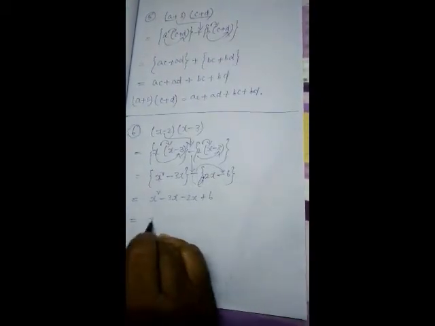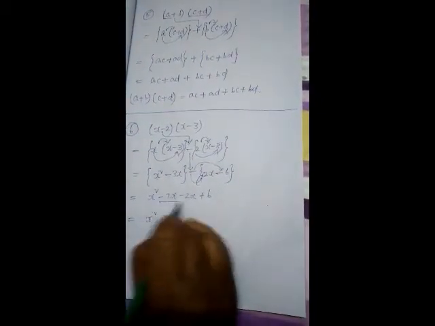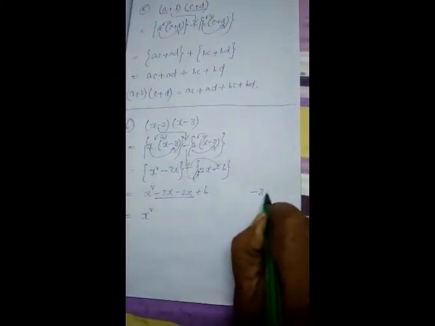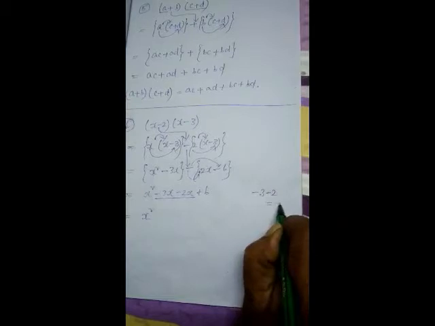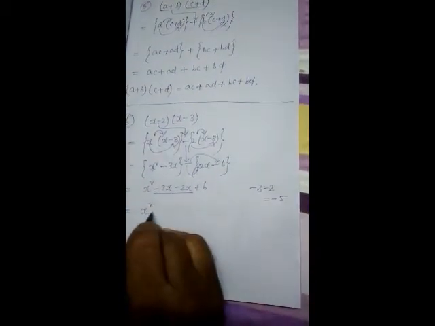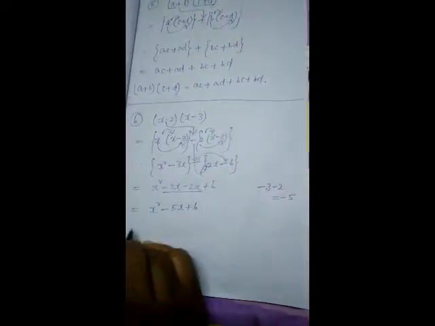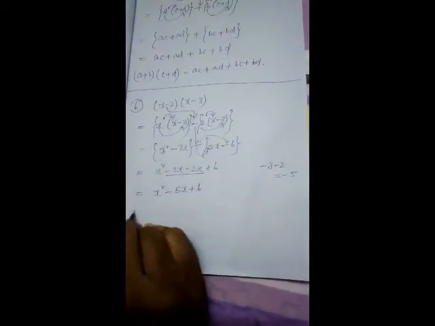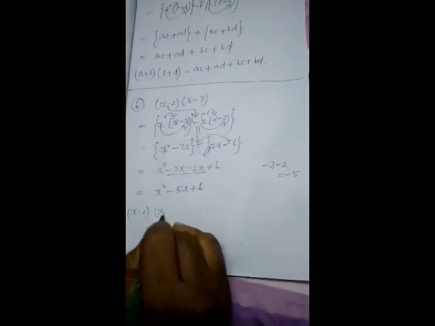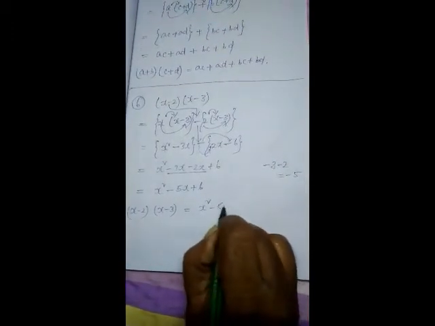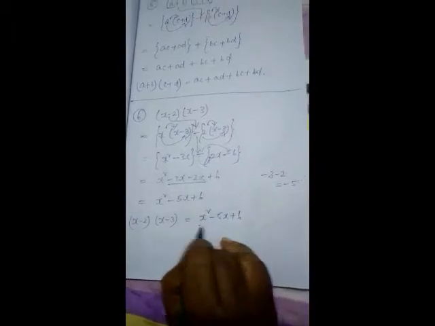So X square, and these two are like terms, minus 3X minus 2X. Minus 3 minus 2 is equal to minus 5. That's why this is minus 5X plus 6. Finally, X minus 2 into X minus 3 is equal to X square minus 5X plus 6. I got this product.